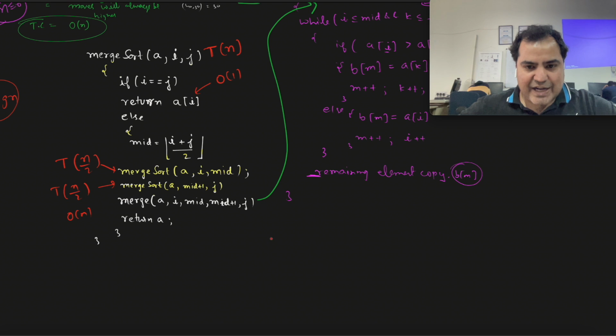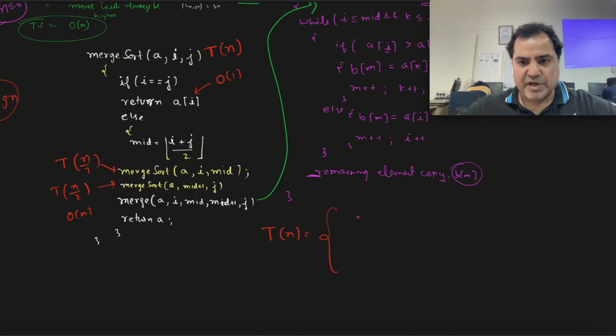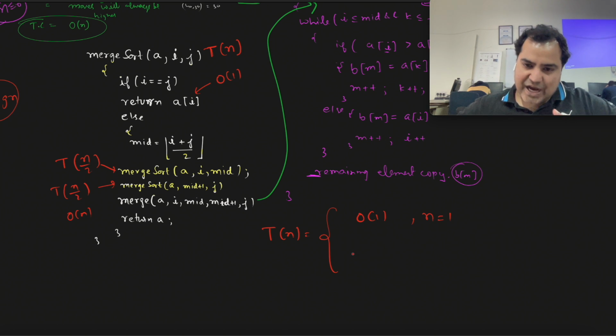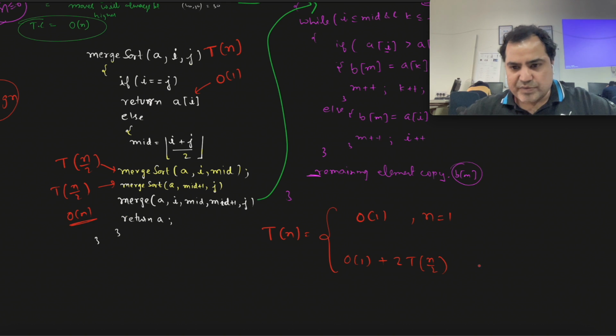So while writing time, here T(n) is the time taken to execute the algorithm. It is order of 1 when n equals 1, meaning when there is only one element. Otherwise it is order of 1 plus T(n/2) plus T(n/2), which I can write as 2T(n/2), plus order of n.